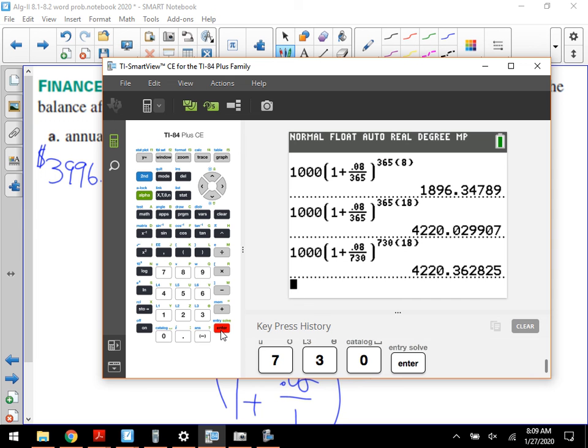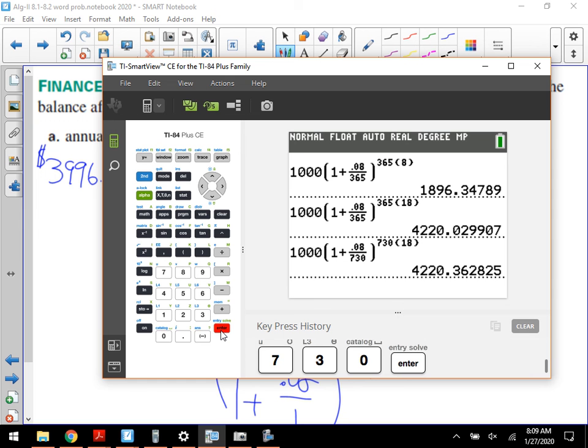This is for when you have what's called compounding continuously. The other formula above it is for when it says you compound annually, quarterly, things like that. When it says compounding continuously, think of it as there's an E button.